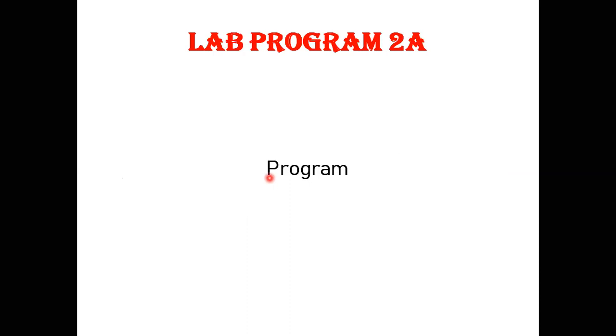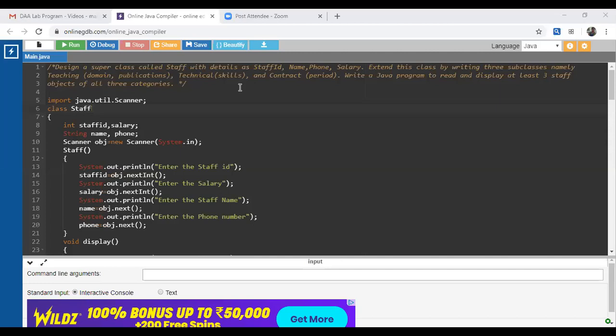and see how it is to be designed and then executed. Okay, so let us now design the program. The aim of the program goes like this: to design a superclass called staff, with the details staff ID, name, phone, and salary.